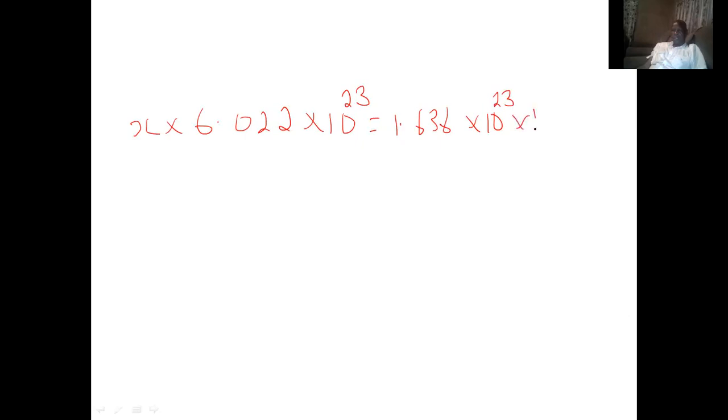We can now cross multiply. X multiplied by 6.022 times 10 to the power 23 would be equal to 1.636 multiplied by 10 to the power 23 multiplied by 1.